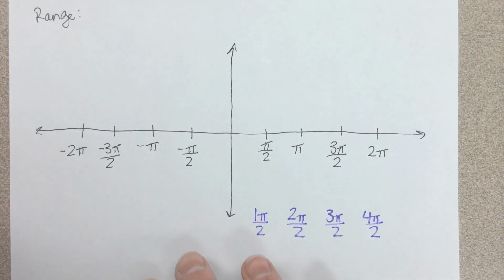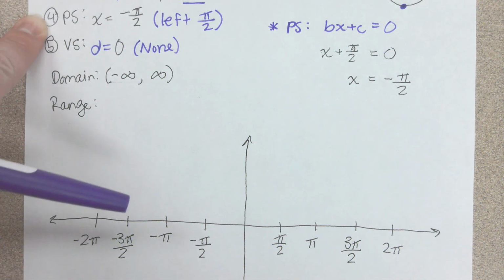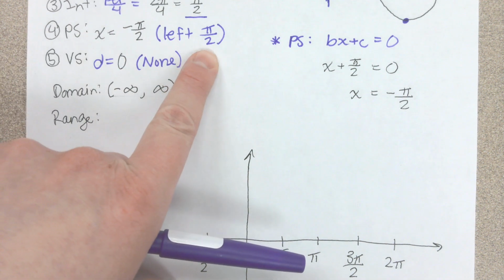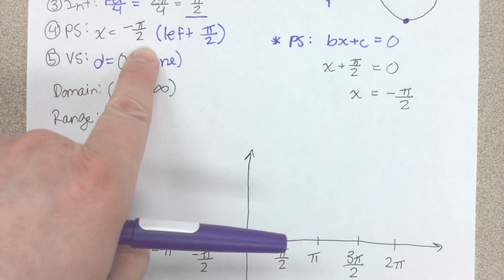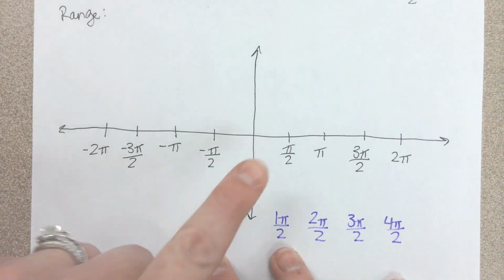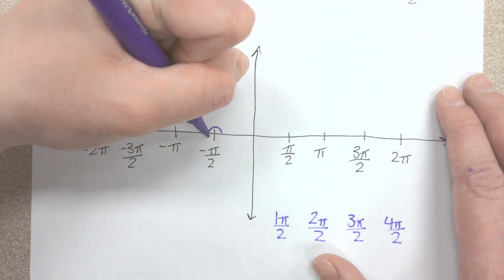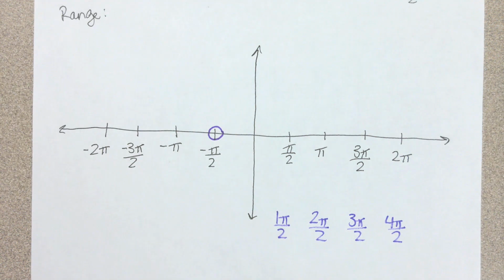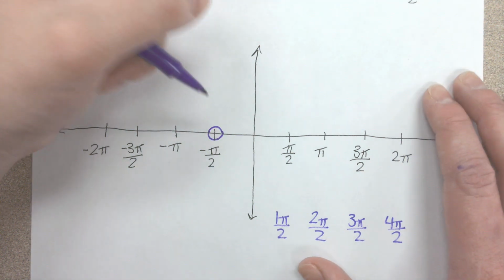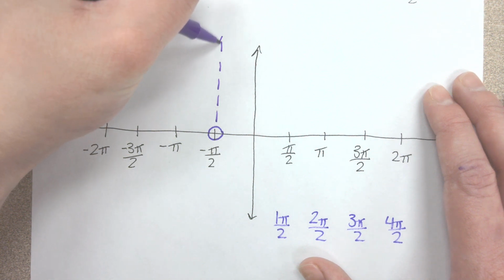Our graph has been set up, so let's deal with the shifts. No vertical shift this time, but we do have a phase shift of left pi over 2, or genuinely, we're just going to draw a line through this number on the x-axis. So we just go left to the first interval. This is where we're going to put our new starting point. And this time we draw a vertical line to represent that.